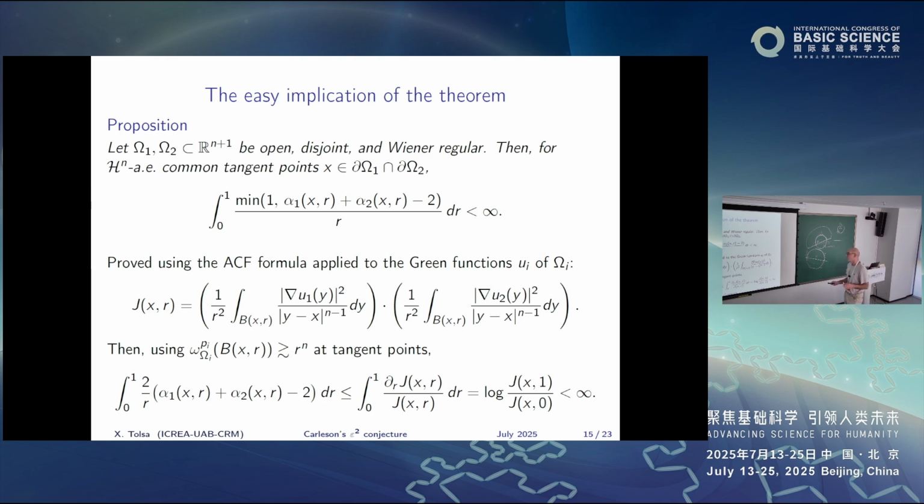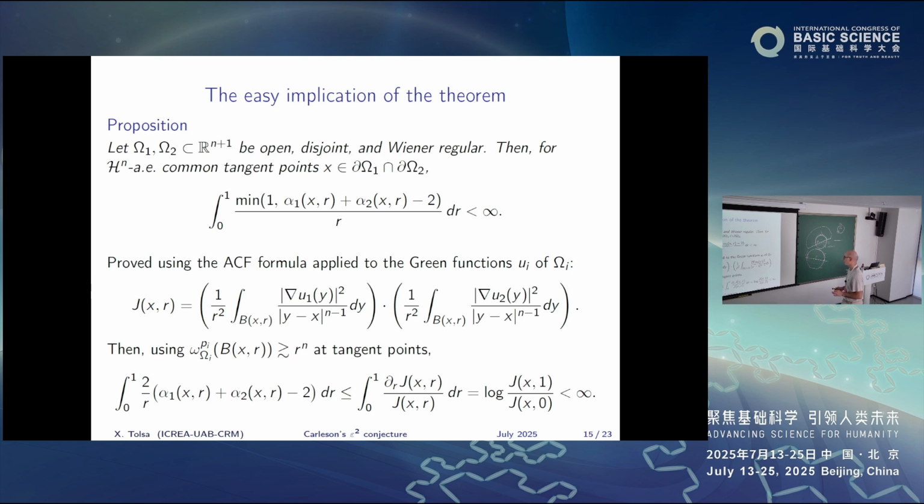Then what happens is that one can, using some typical estimates relating the Green function to harmonic measure, first show that this J(x,1) is a finite number. What requires some little work is to show that J(x,0) is positive.